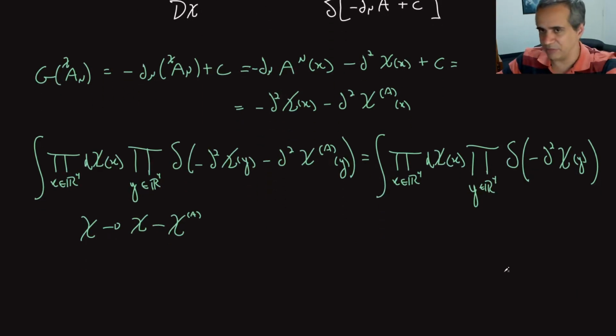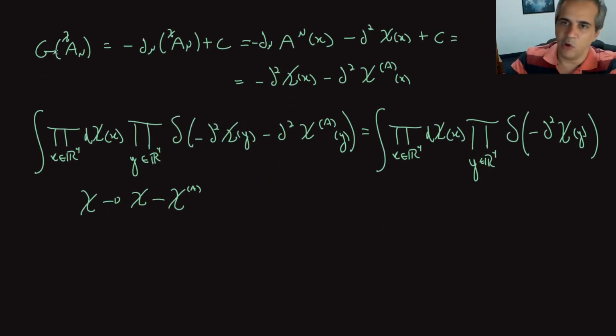The second step is noticing the role of this G of a mu here. I wrote it in this way, in this one also in this way.